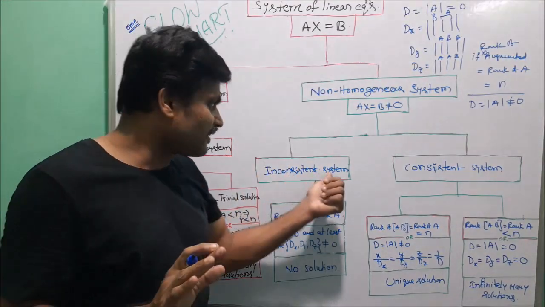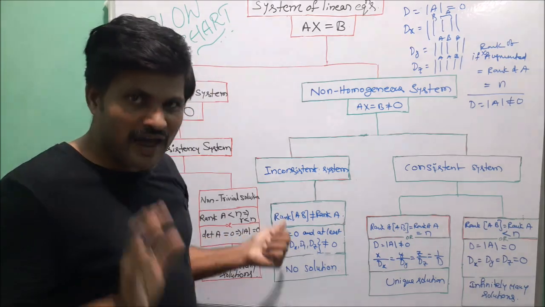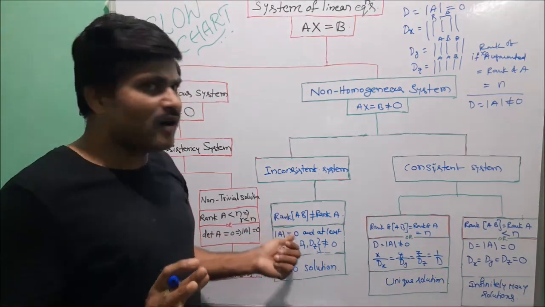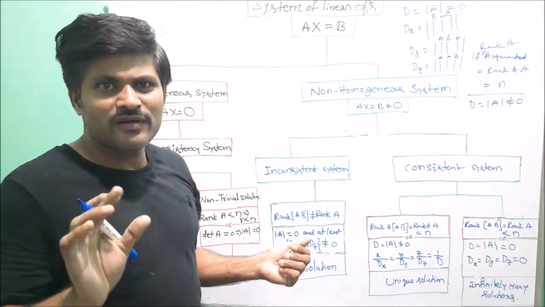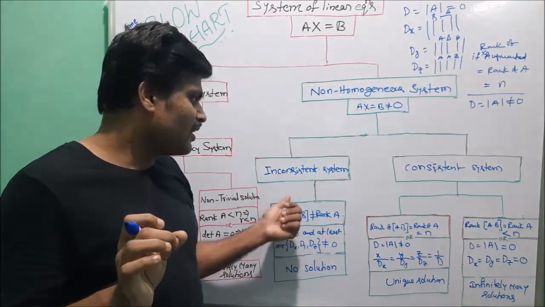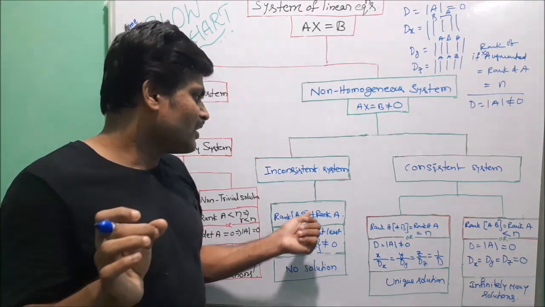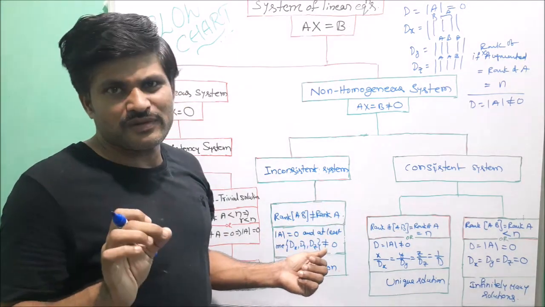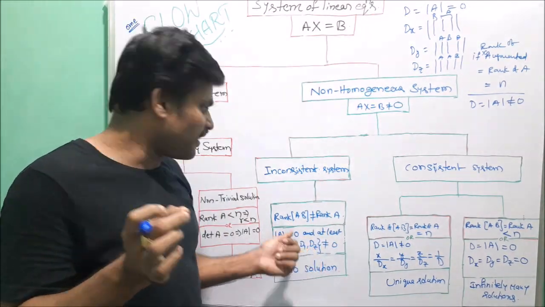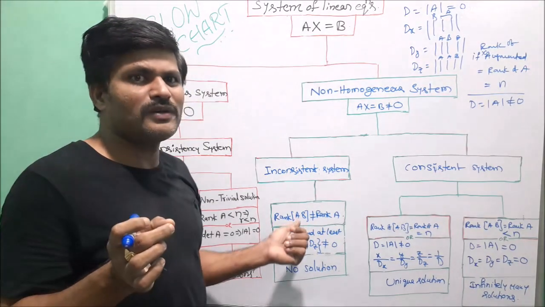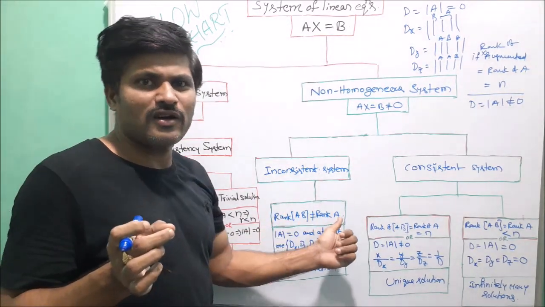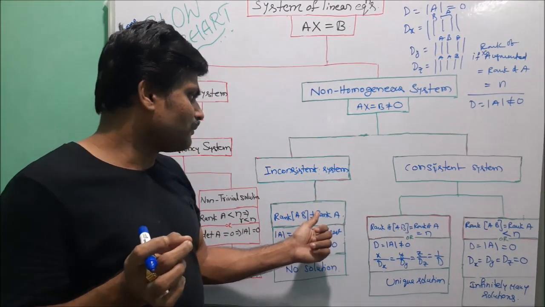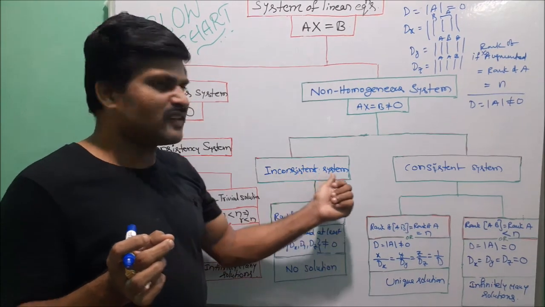So in this inconsistent system, based upon rank, first of all we find the rank of the augmented matrix. Using row transformations, we observe that the rank of the augmented matrix is not equal to the rank of the coefficient matrix. That system is called an inconsistent system.